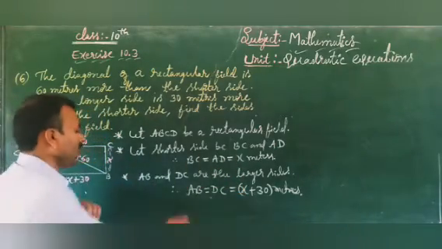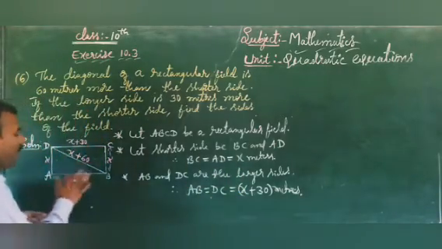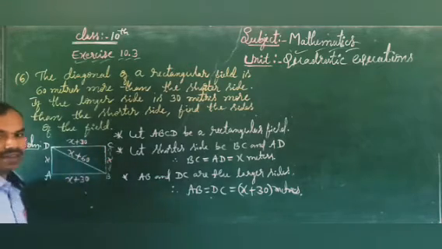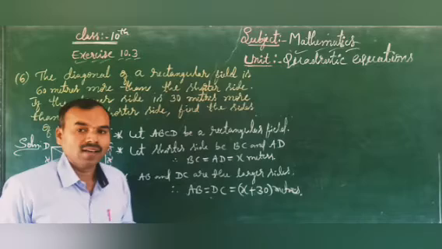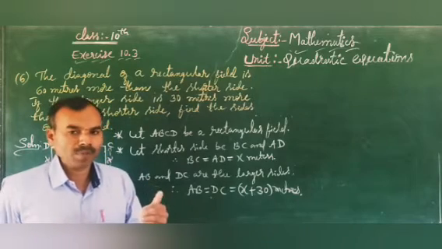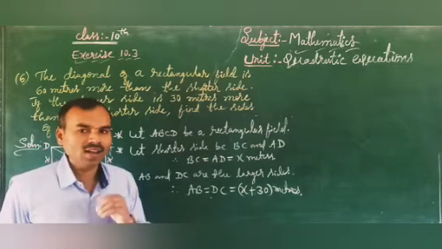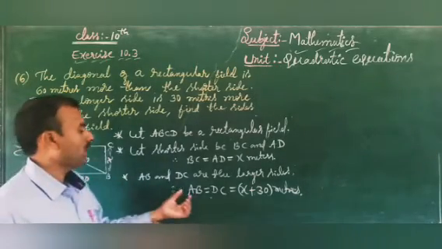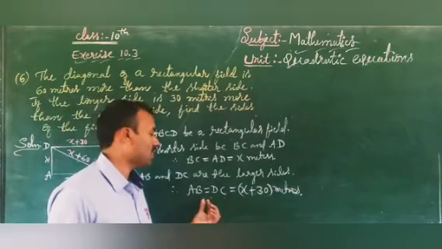Here AB and DC are the opposite sides of the rectangle. We already know the properties of a rectangle: opposite sides are equal and parallel.